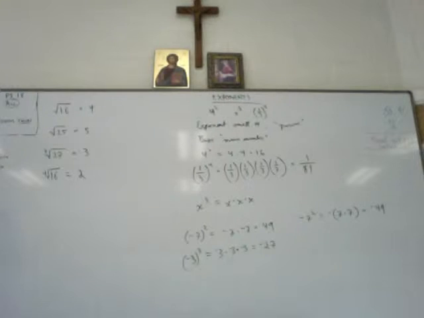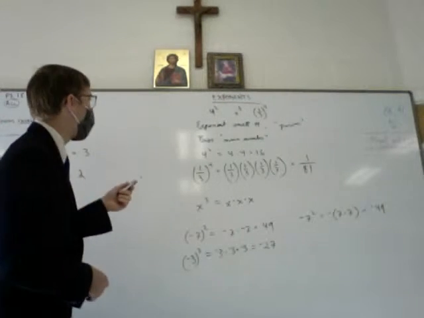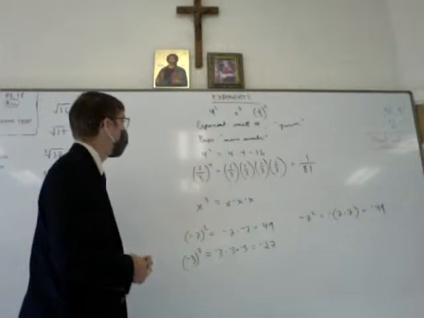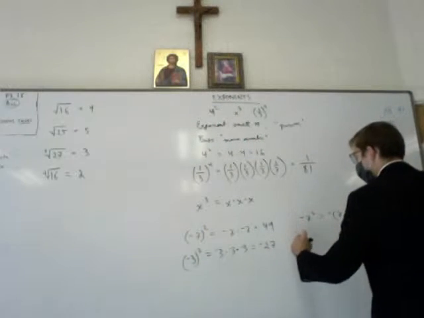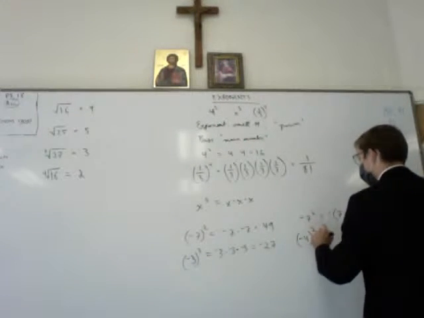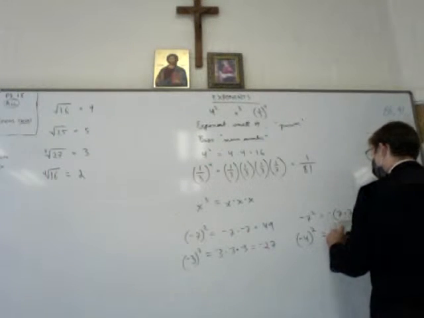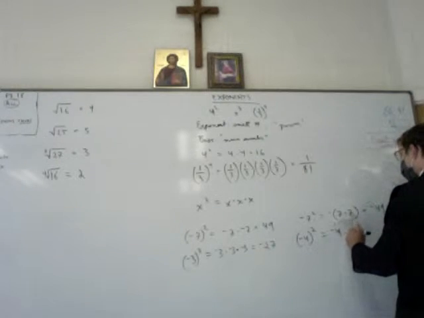Okay, the other thing to realize here about these. What's 4 squared? 16. What about negative 4 squared? Also 16, because we're multiplying 2 negatives together.